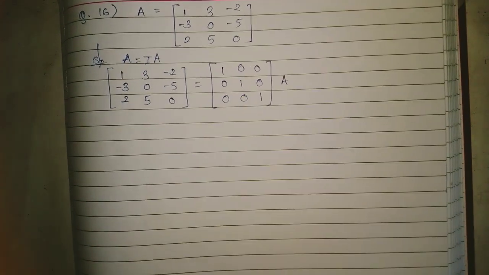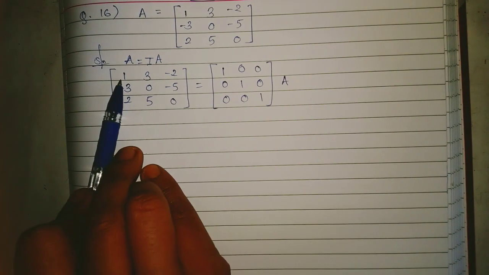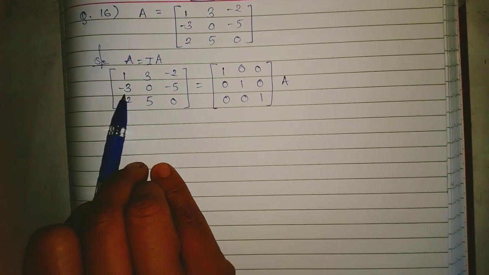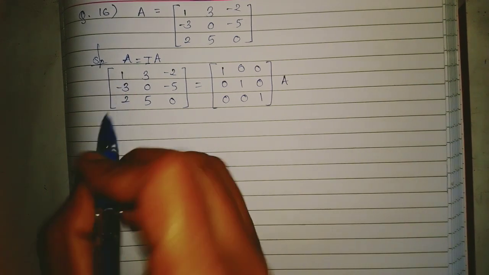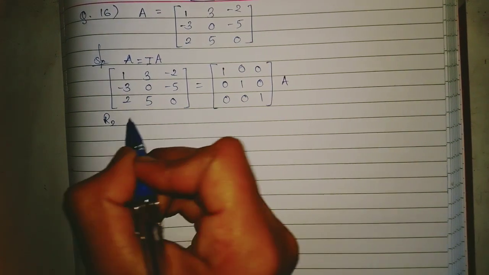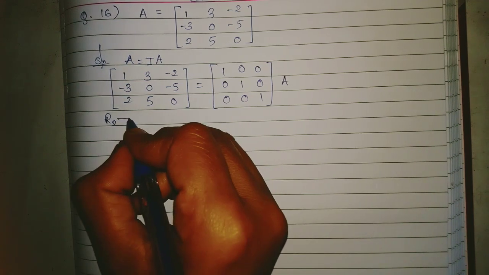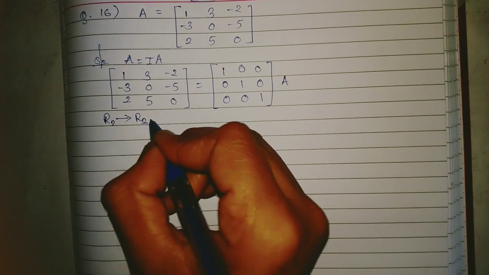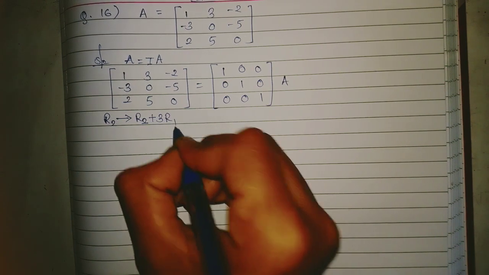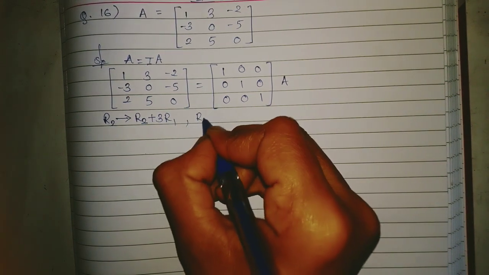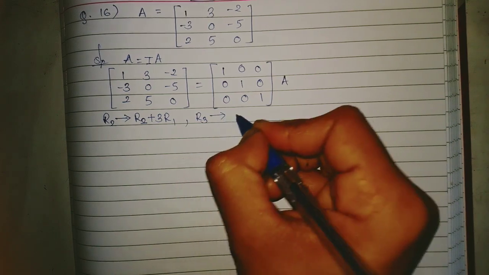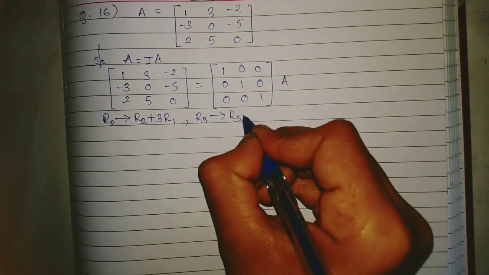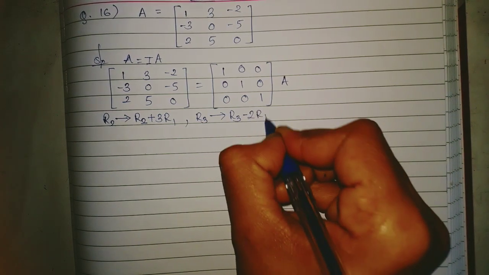Already here 1 is there, so we have to make this 0 and this 0. So we have to work with R2 and R3. To make R2 1, we have to make R2 plus 3R1, right? And R3 we are changing to R3 minus 2R1.